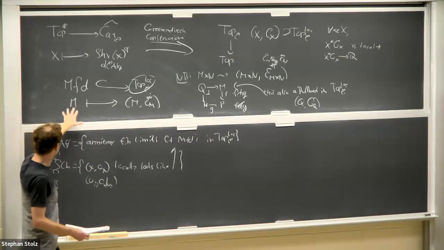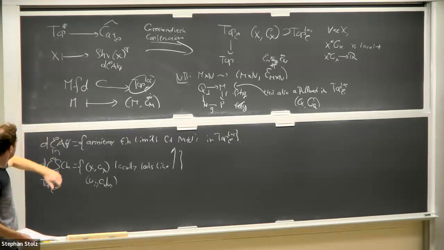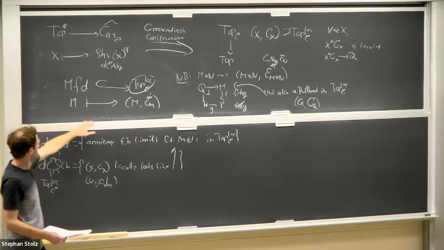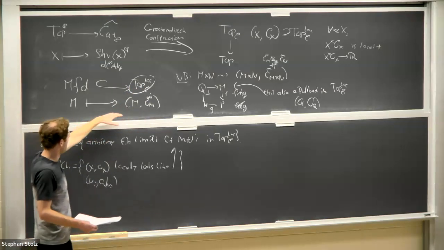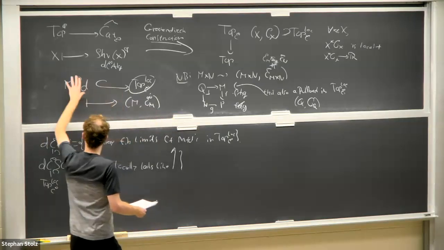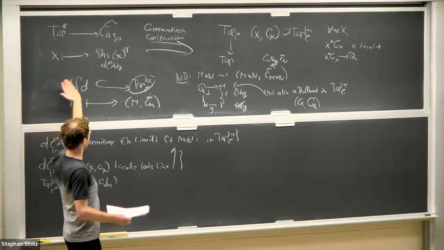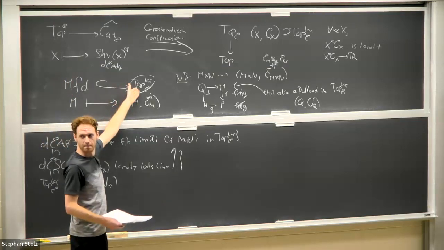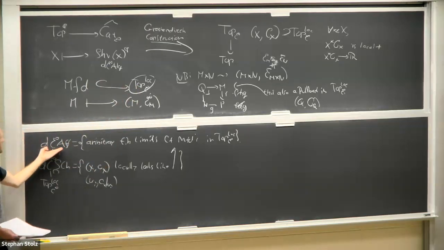So manifolds don't have transverse intersections, but this category does have all finite limits. So what we can do is take an arbitrary finite diagram of manifolds, think of it as a diagram in here, and take the limit. By definition, that gives me an object in the category that I denote like this.